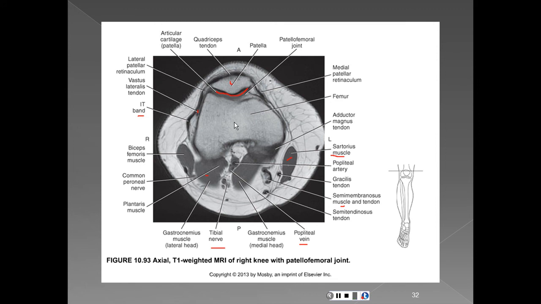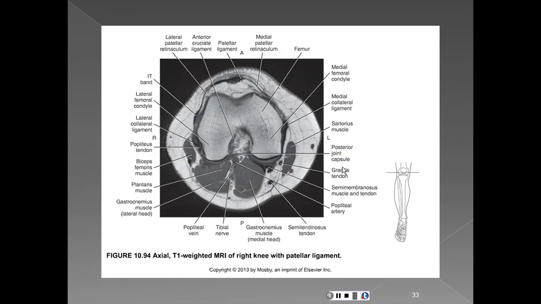Patella, not patella, femur, and we still see the distal femur, and we still see the sartorius muscle. Again, sartorius muscle, now we're kind of inferior to the patella. Because they call this the patellar ligament.